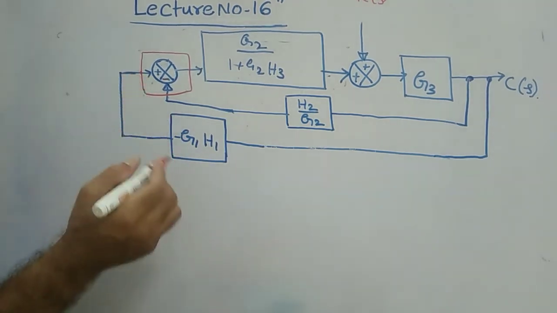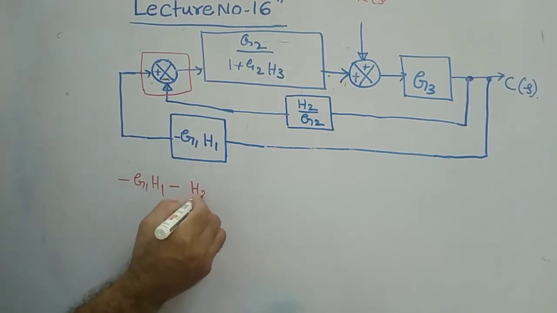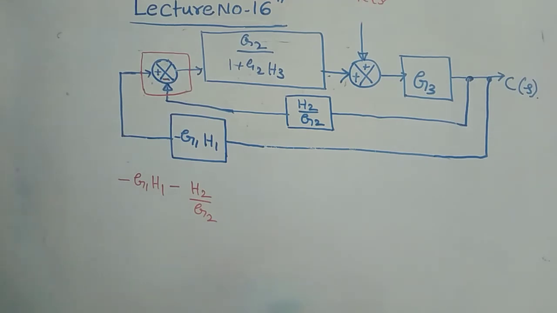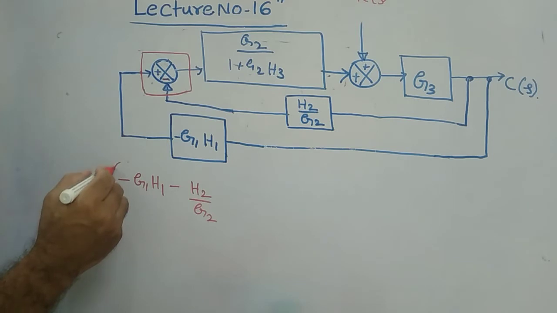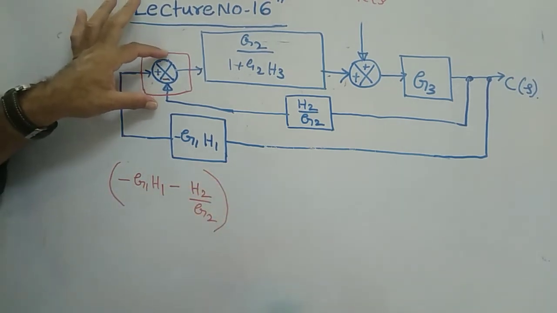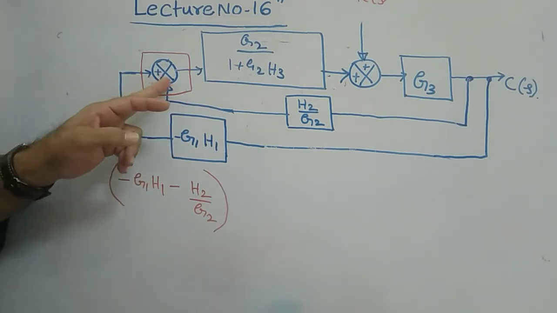What is this symbol? Minus H2 by G2. This much you have actually, because this is the adder, or summer you can say. Therefore, this is plus and minus this much.